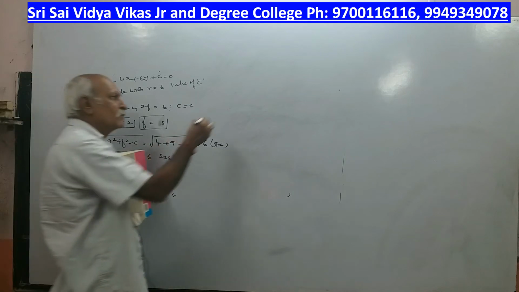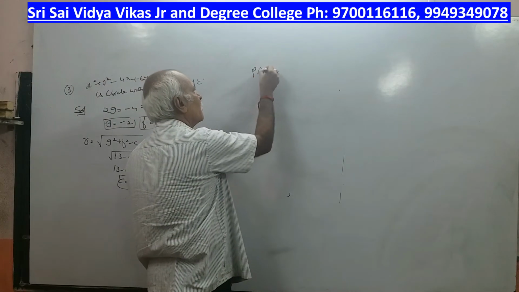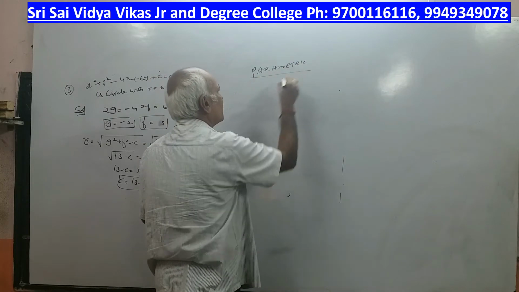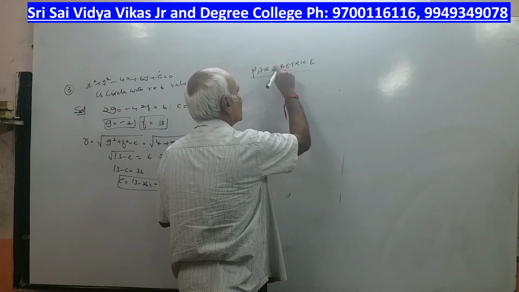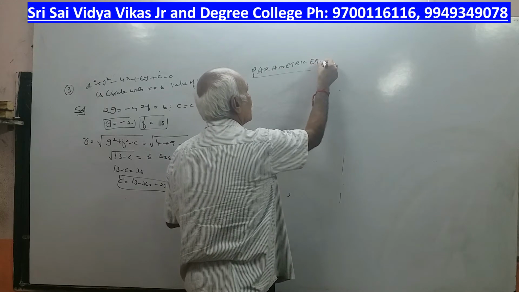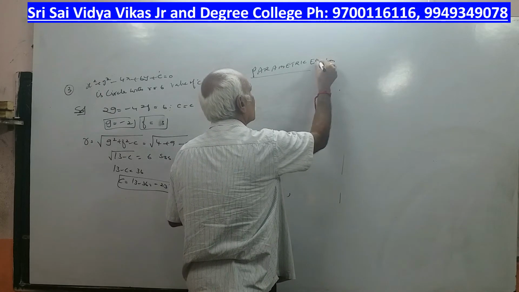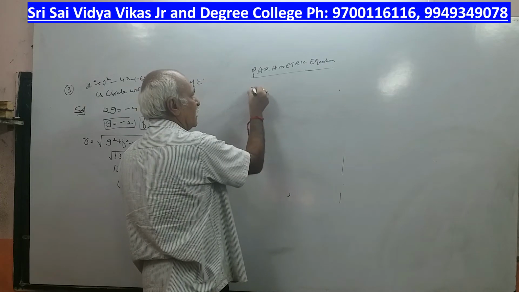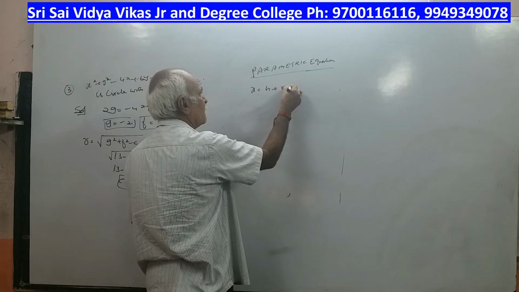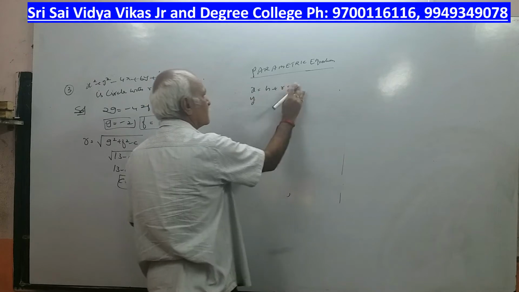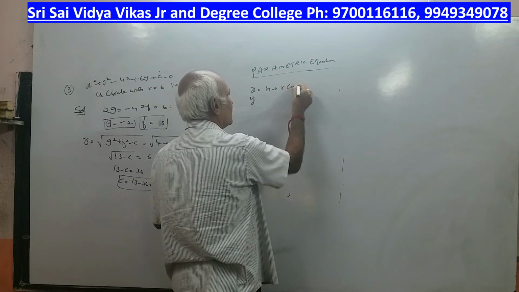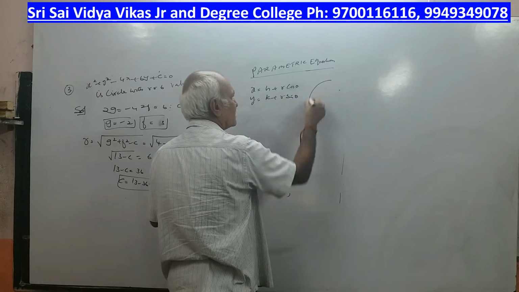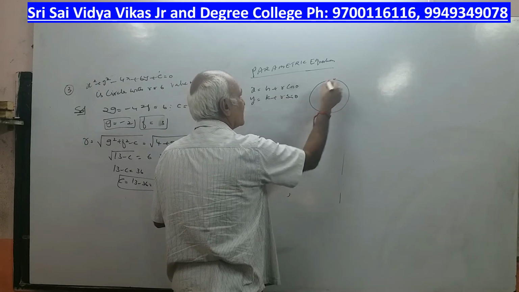Okay, next formula. Parametric equation. If x is equal to h plus r cos theta and y is equal to k plus r sin theta, it means on a circle these are the points.